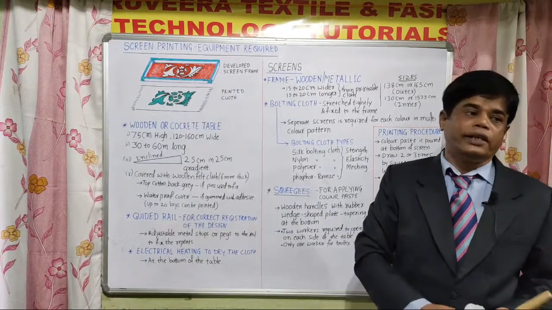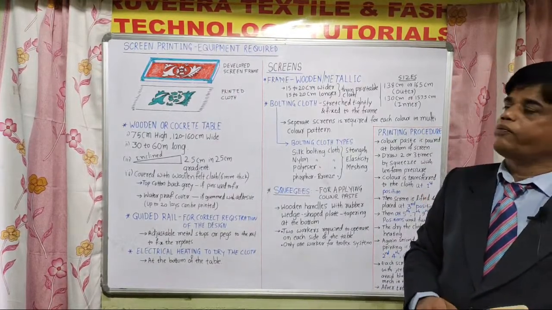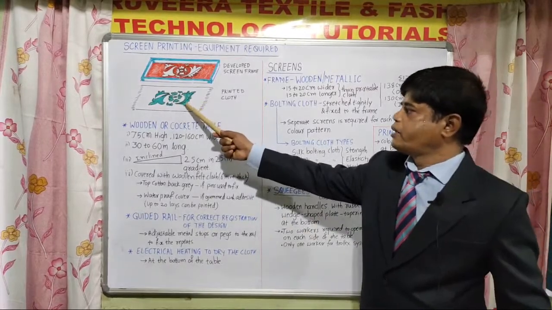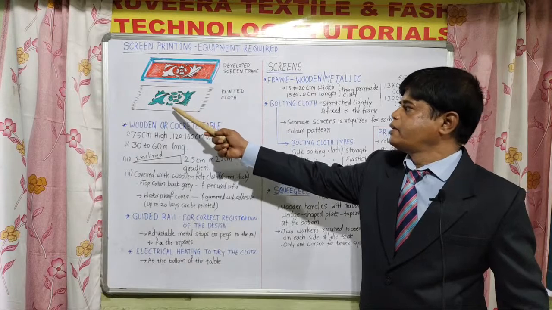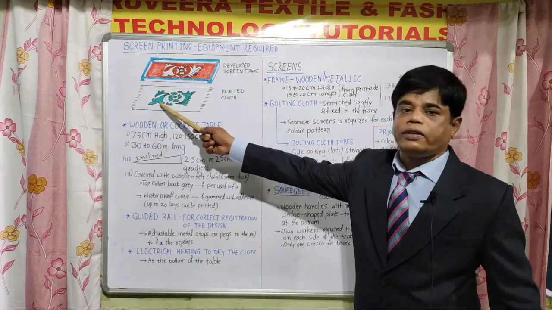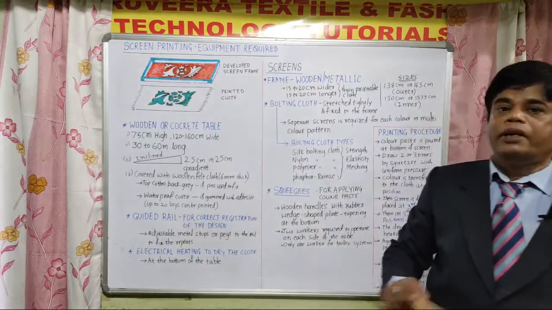Then how many frames are required? Three frames are required. One frame for the right leaf, one frame for the left leaf, and one frame for the middle flower.